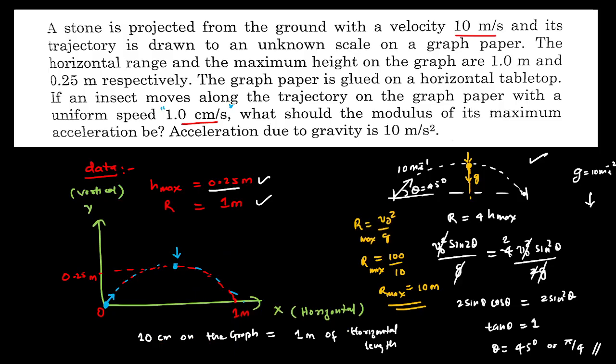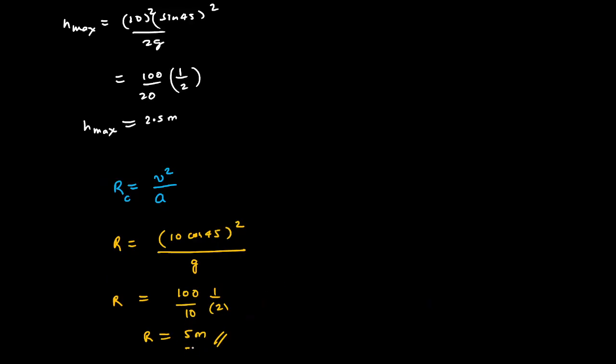But we are considering the same radius of curvature on the graph sheet. On the graph sheet, definitely it is going to be scaled down. We already have the information that 1 meter means 10 centimeters. So going along the same lines, 5 meters is going to be 50 centimeters on the graph sheet.